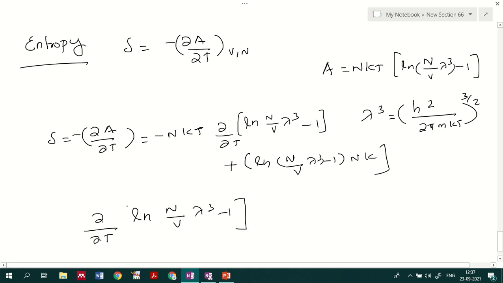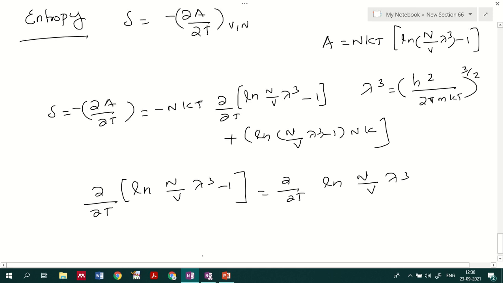Now if I just evaluate what dou by dou T of ln(N by V lambda cube) minus 1 is, I will be getting dou by dou T of ln(N by V lambda cube), because when you take dou by dou T of 1, that will be equal to 0.